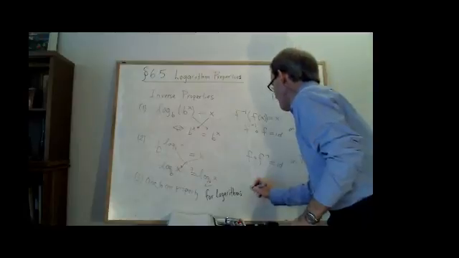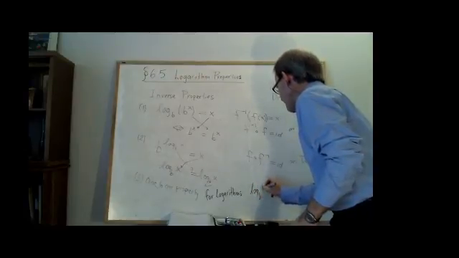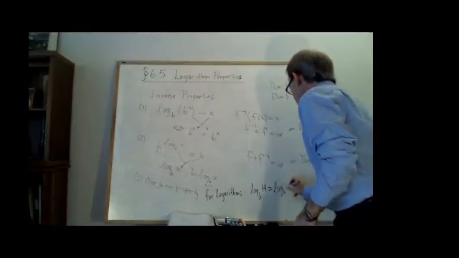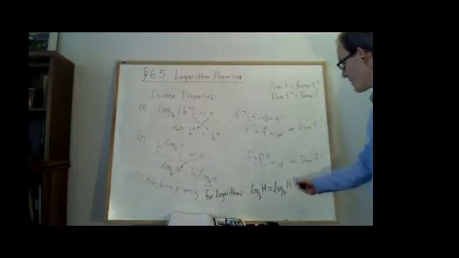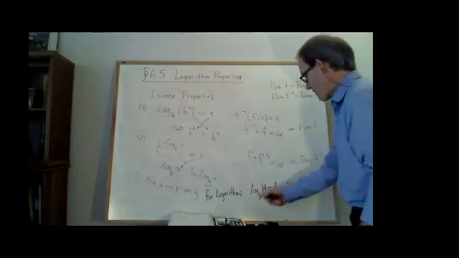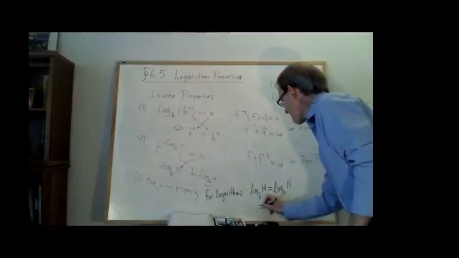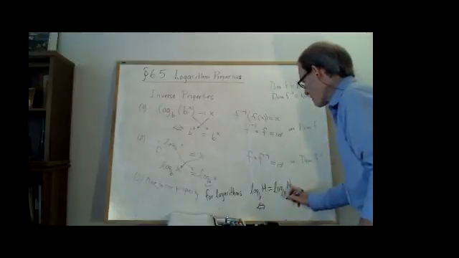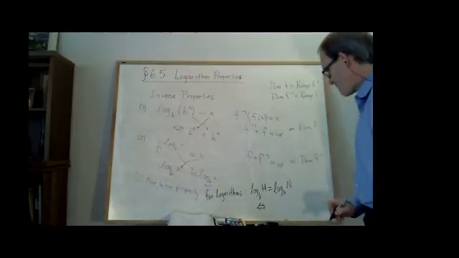It says that if you have two logarithms with the same base, possibly different arguments m and n, and you know that the logarithm base b of m is equal to logarithm base b of n, then, well, this is true if m equals n, because the logarithm base b is a function.